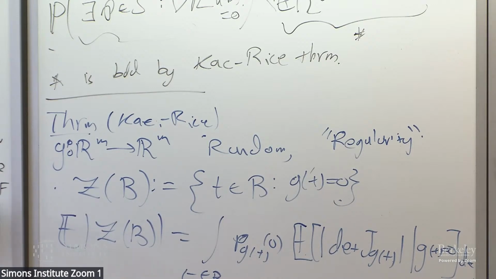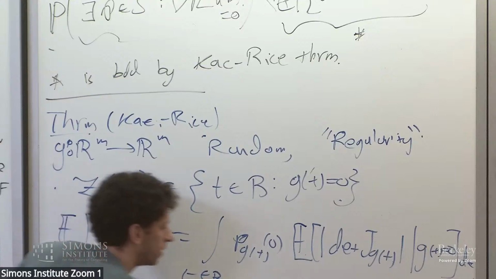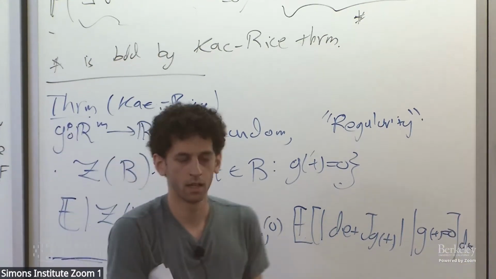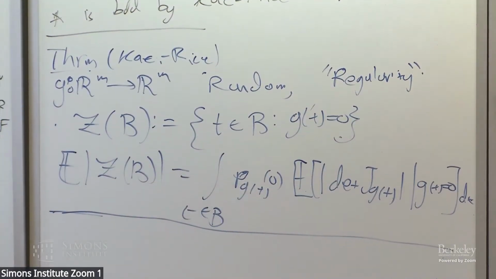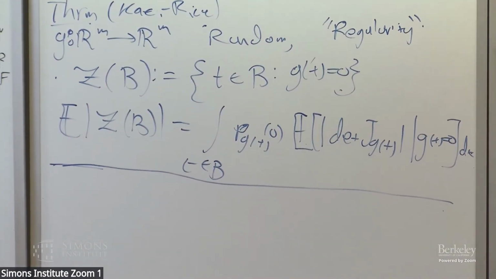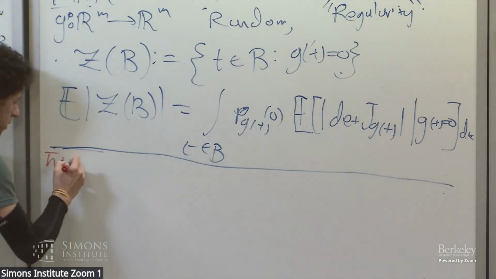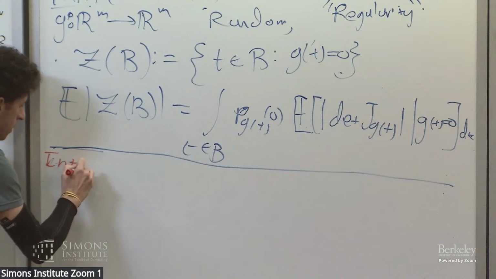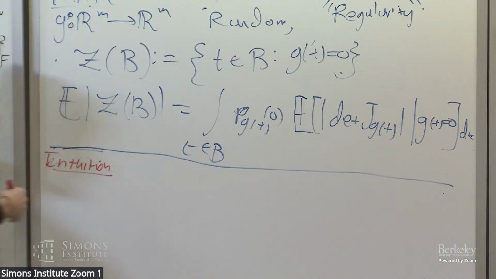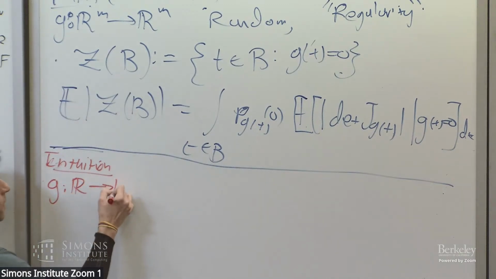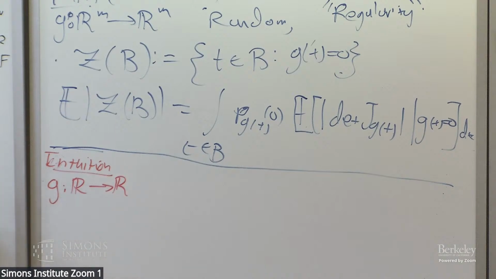Okay. Maybe I'll quickly give intuition for those of you who haven't seen this. So here's a heuristic derivation. Suppose for simplicity I take my G from R to R, a one-dimensional process.